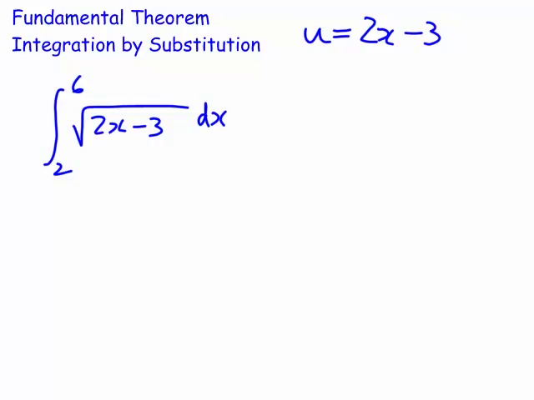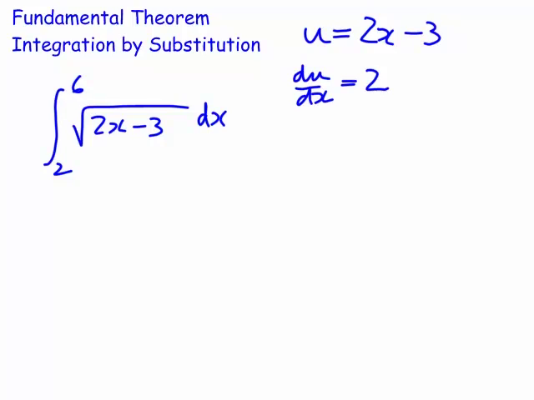So we differentiate u with respect to x to get du dx, and that's 2. Just while we're on this, we can see we've got bounds. These are the x bounds. If u equals 2x minus 3, say x was 1, then u would be 2 times 1, which is 2, minus 3, which is negative 1. So we can see that we are going to have to adjust the bounds.